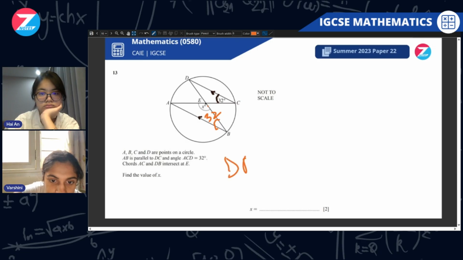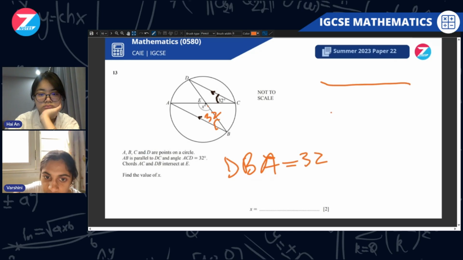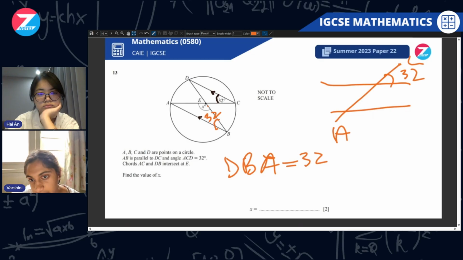So DBA equals 32. And now, as these two lines DC and AB are parallel, if we redraw this over here on the side, this line is CA, and we know this angle is 32. So it looks very similar to our parallel lines.